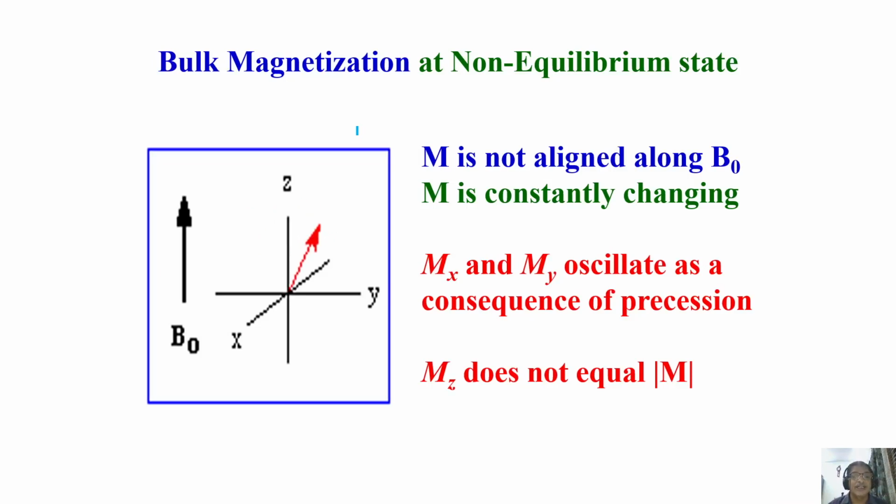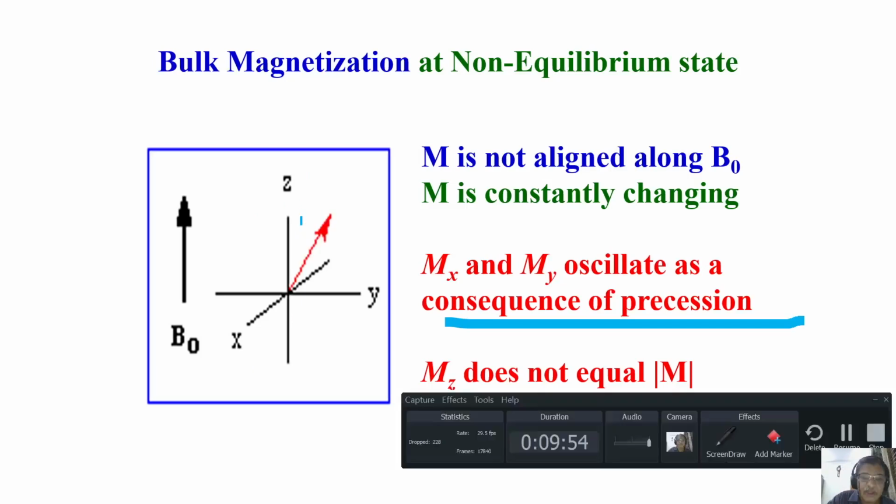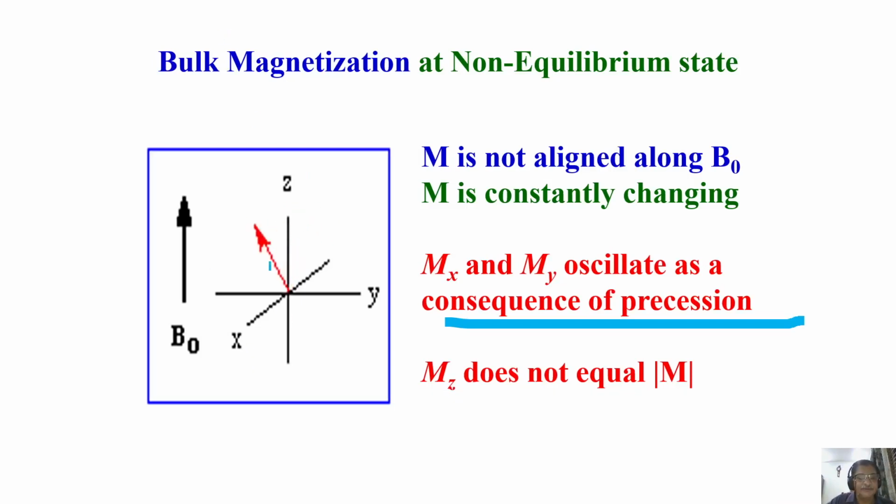M is constantly changing, so Mx and My oscillate as a consequence of precession. Now the Mx and My components are non-zero. Earlier, in thermal equilibrium, the bulk magnetization was along the z-axis and the Mx, My components were zero. But in the non-equilibrium situation, these two are non-zero.